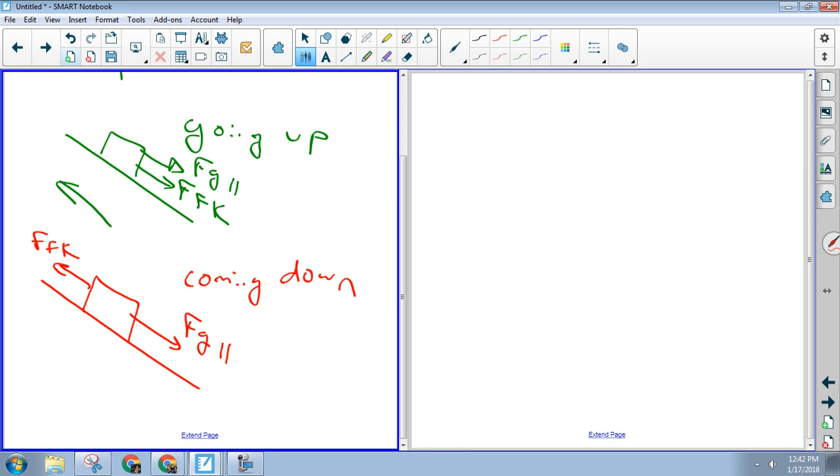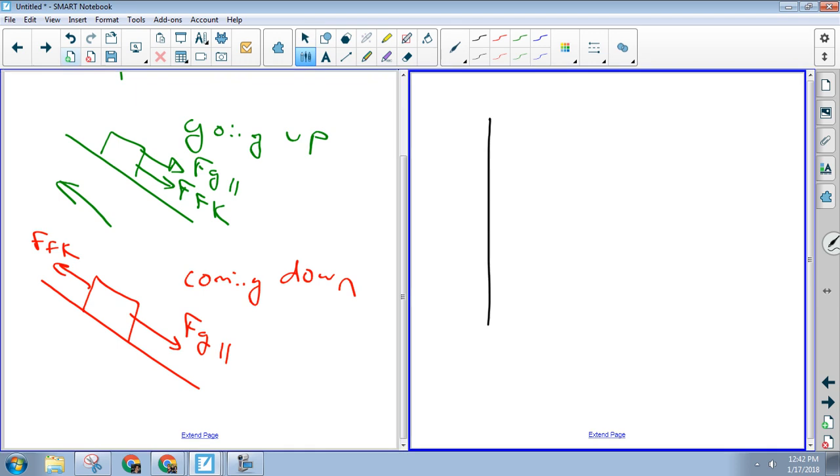So where do I have the bigger acceleration? On the way up, right? My velocity begins at negative v naught, and eventually you slow down and stop, and then you come back down the ramp with a smaller acceleration.